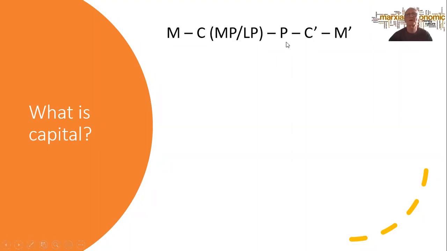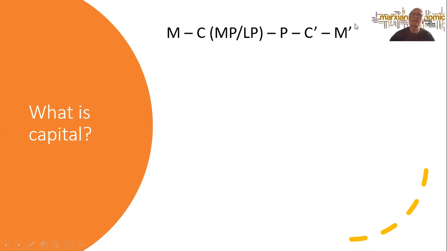So we go into production, P, and out of that comes a new commodity. It's not the old commodity, it's not raw materials, it's not the factory. Money has now been converted into a commodity from the raw materials which existed in the means of production. But this commodity has more value, if capitalism is to work, than the original costs that have gone into production.